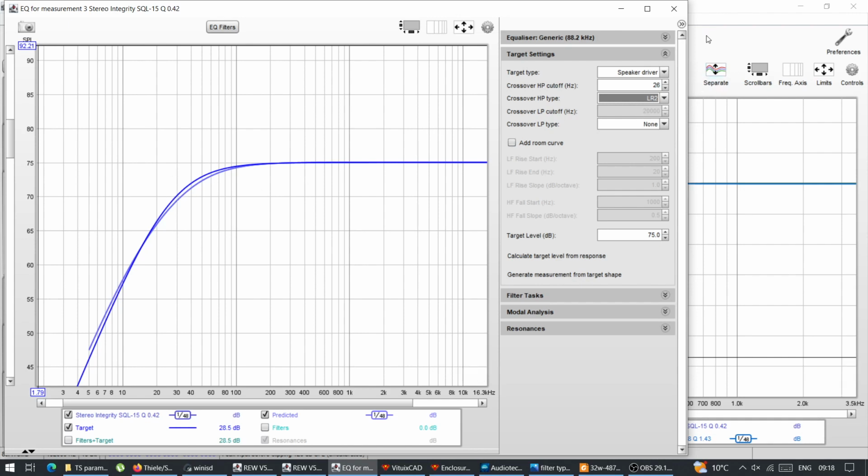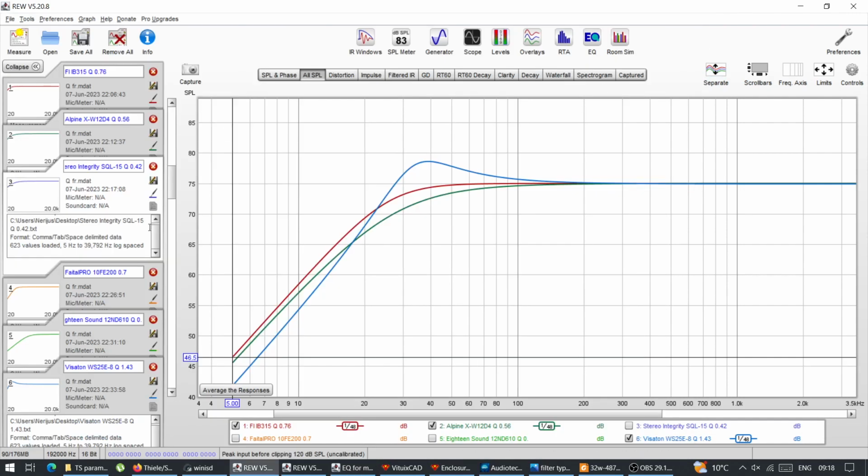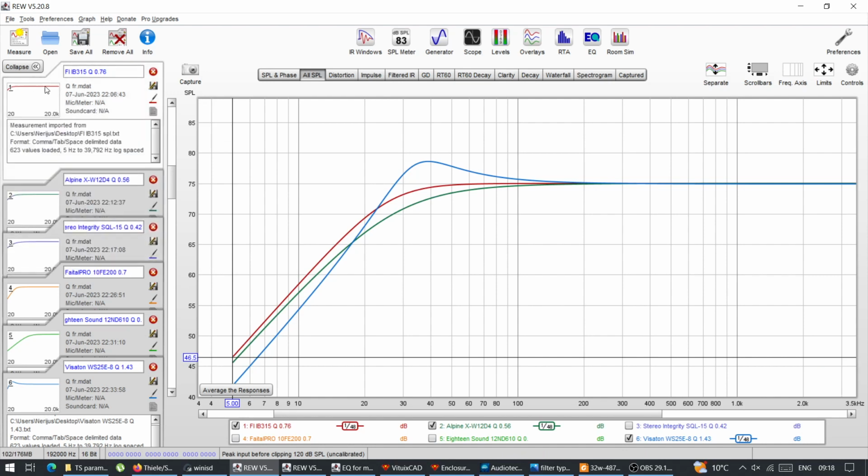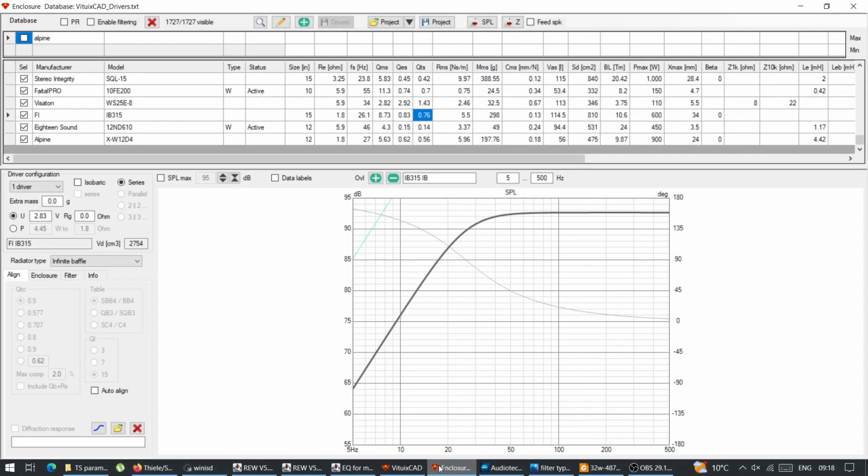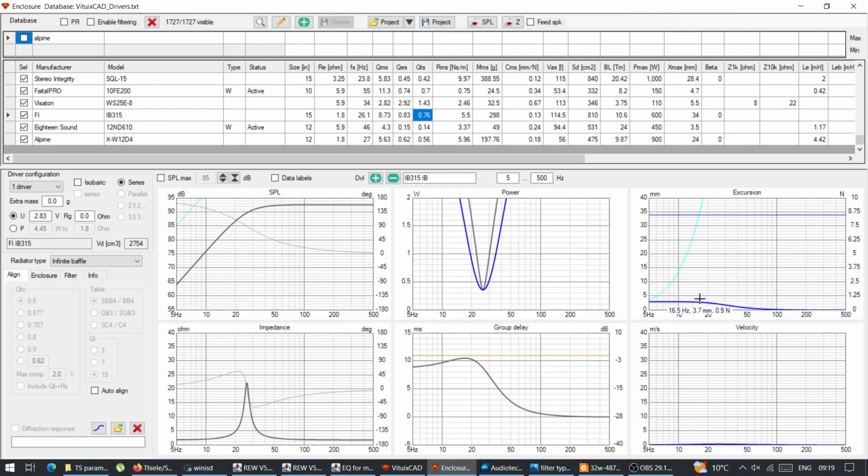So this was a discovery for me, that the driver Q, QTS, is like a crossover. And that's why you can play a high Q driver, such as the FI, with no crossovers applied, and it will still manage this excursion.